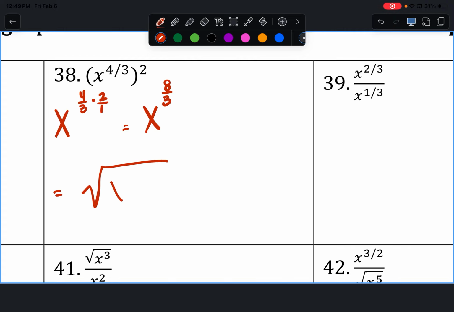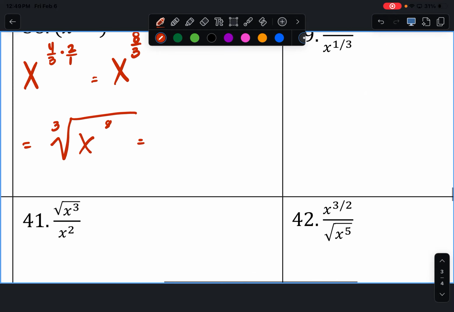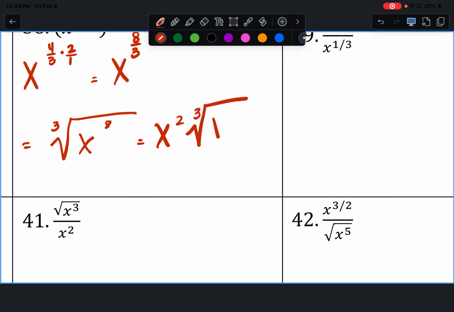Our base is x, has a power of 8, and it's a cube root. But it says simplified radicals. Can I simplify that? Yes. How many times can 3 go into 8? With how many left over? So that's how we would write that.